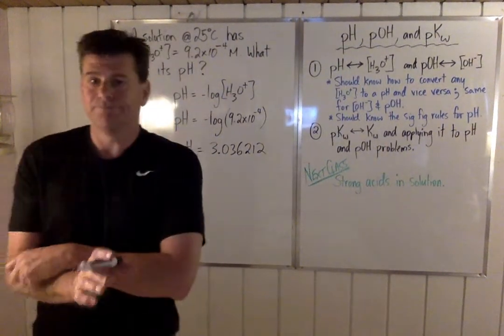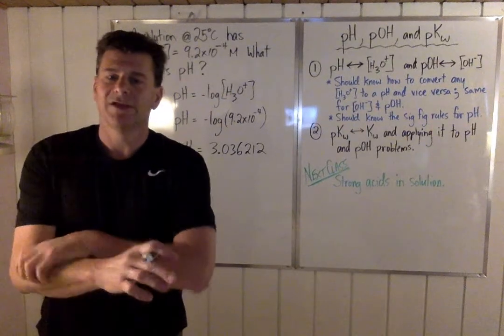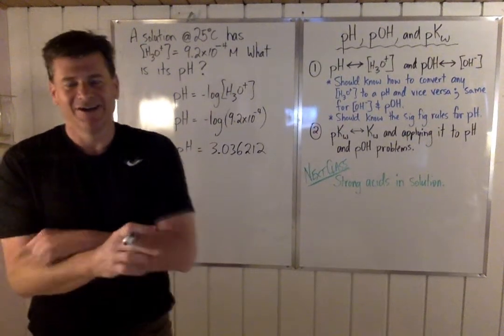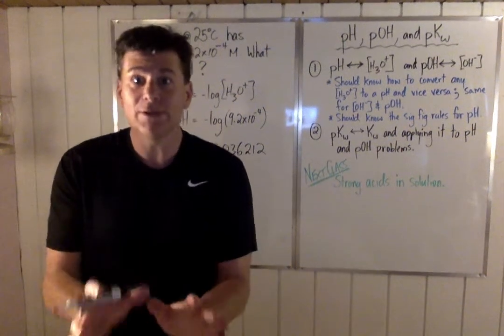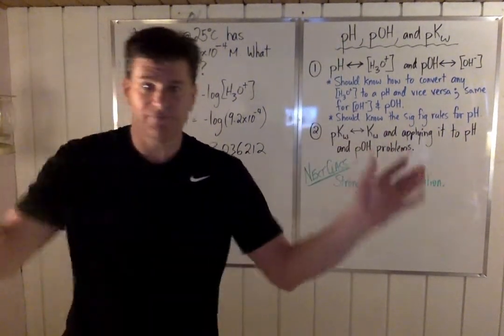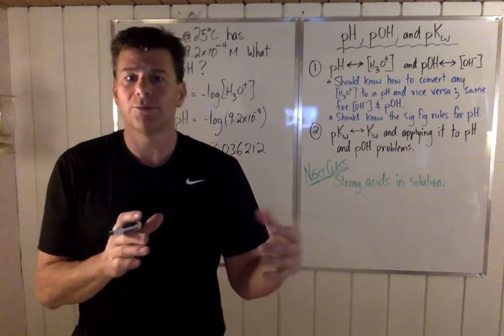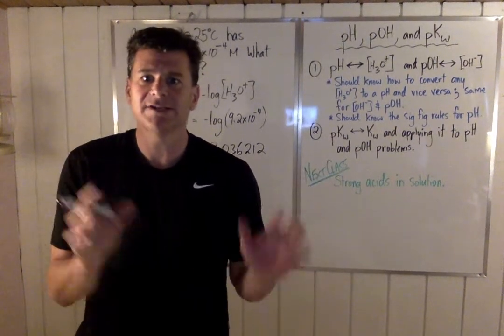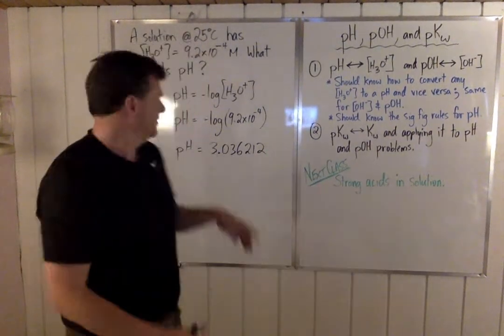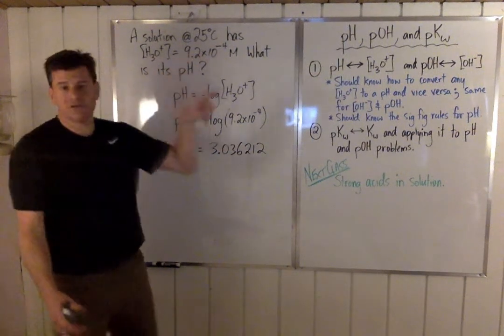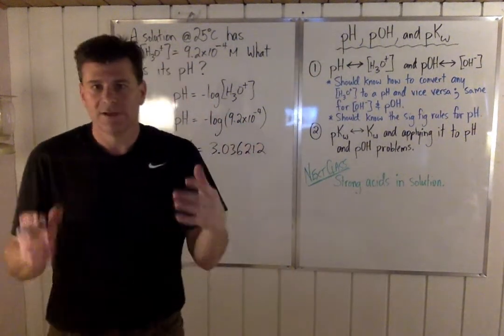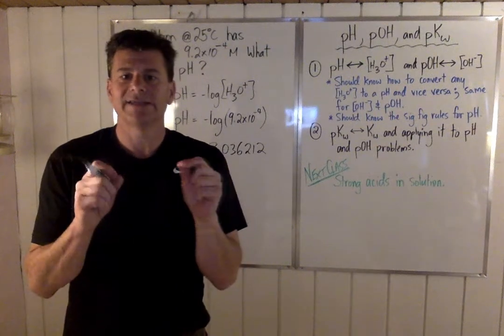Okay, now sig figs. So sig figs are when you're talking about a pH. Okay, so only when you're talking about a pH. This isn't just for this whole unit. When you're talking about a molarity, what you knew previously is correct. So on this molarity right here, in the original question, 9.2 times 10 to the negative 4 molar, 9.2 has how many sig figs?